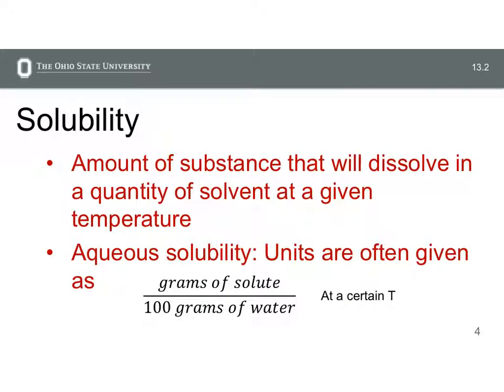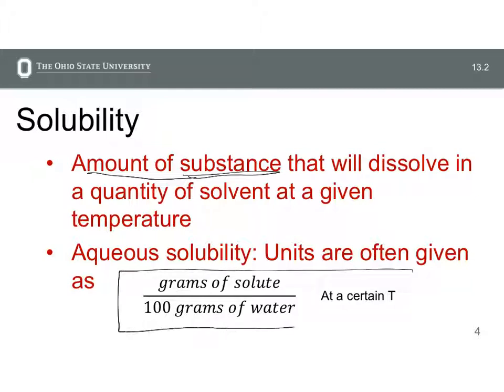One of the things that we're going to need to be thinking about in terms of solutions is the solubility of various solutes in a solvent. So the solubility is the amount of substance that will dissolve in a given quantity of solvent at a given temperature. Typically we're going to see grams of solute per 100 grams of water at a given temperature.